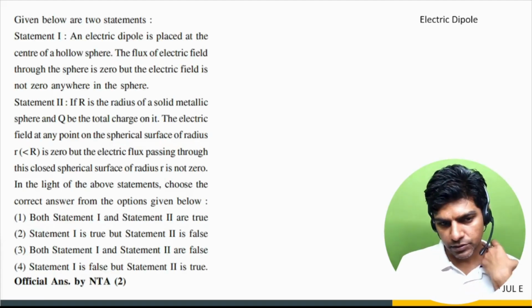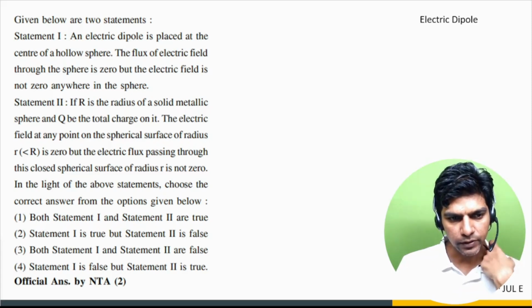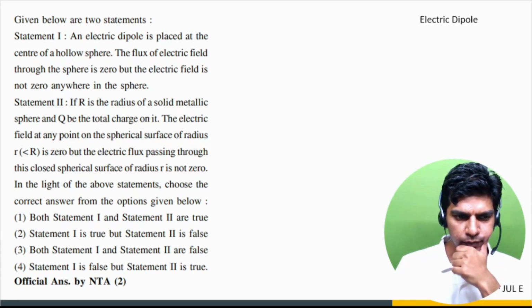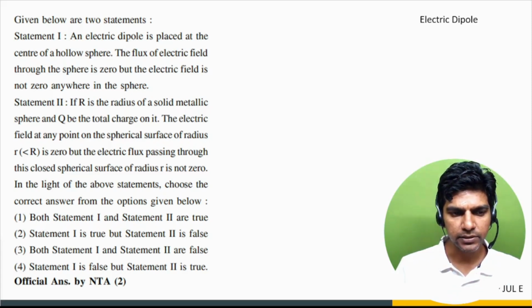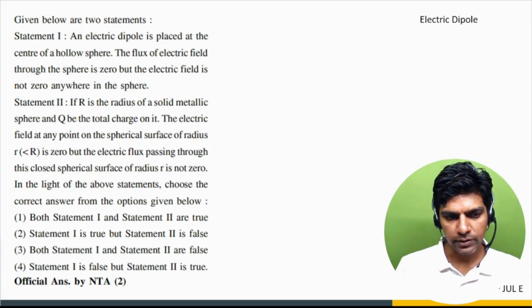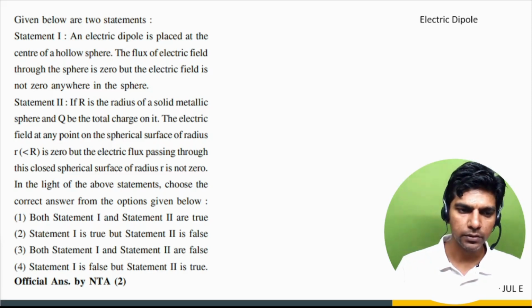Right, so let us see another illustration, and we are given statement 1. An electric dipole is placed at the center of a hollow sphere. The flux of electric field through the sphere is 0, but the electric field is not 0 anywhere on the sphere.